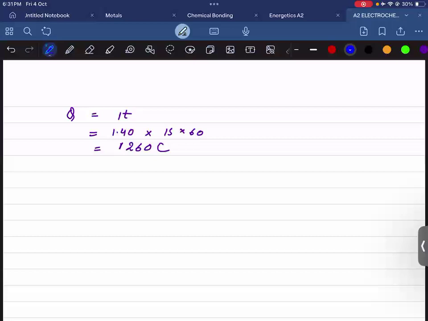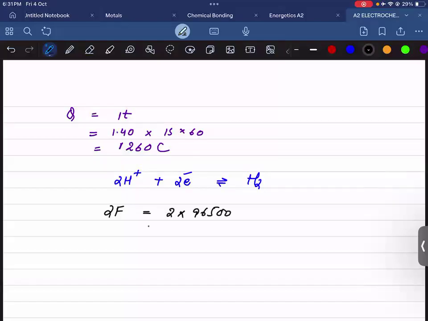And then obviously the equation for hydrogen is this. So ultimately I would be writing 2 Faraday. Again, you would be getting 193,000 coulombs.